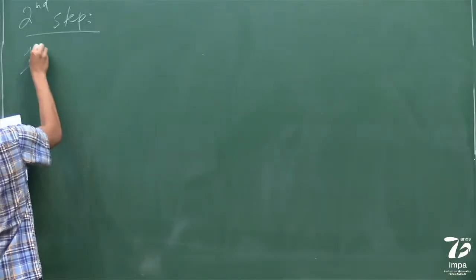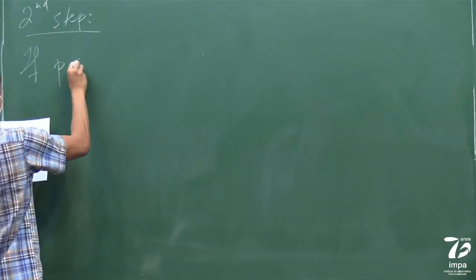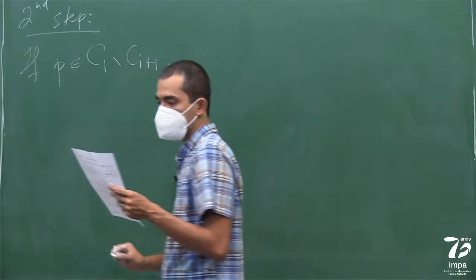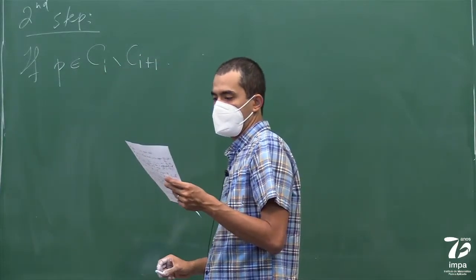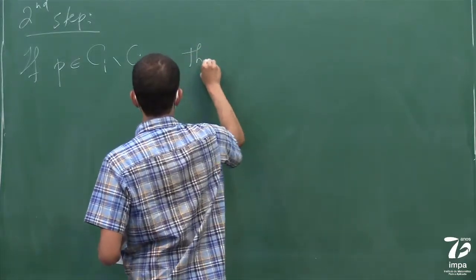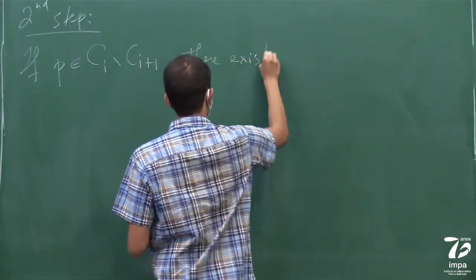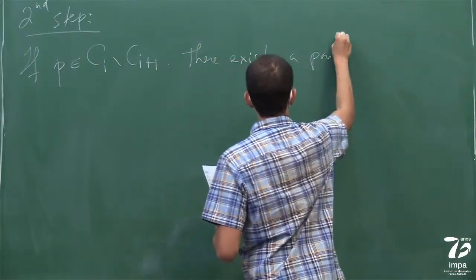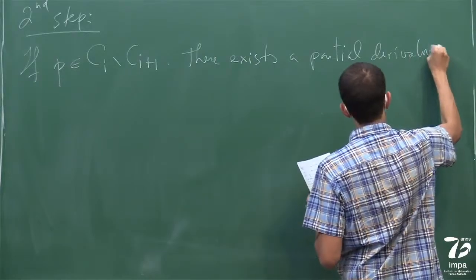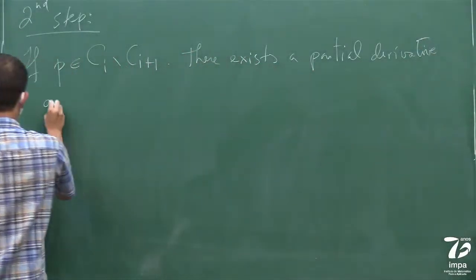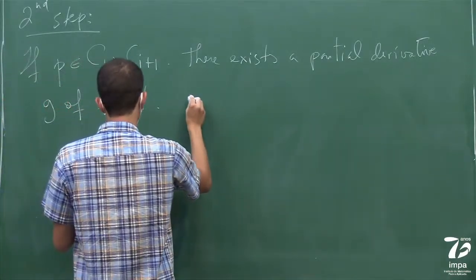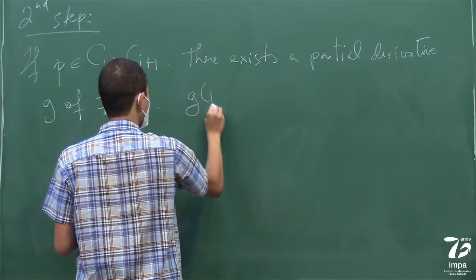So let's take a point P in Ci minus Ci plus 1. If I'm in Ci minus Ci plus 1, then there exists a partial derivative g of f such that g of p is 0.